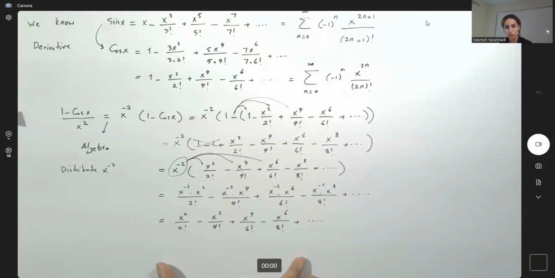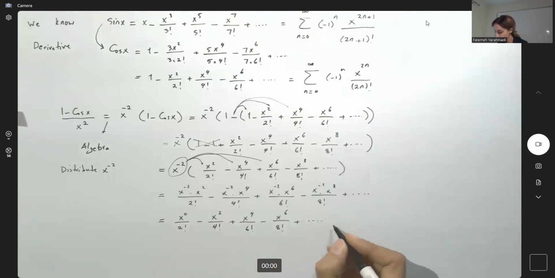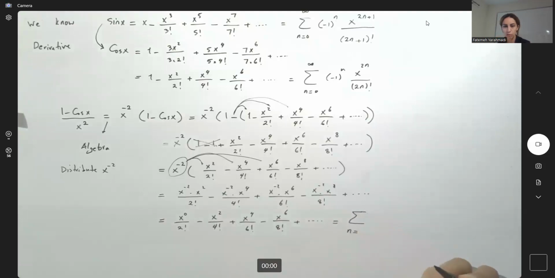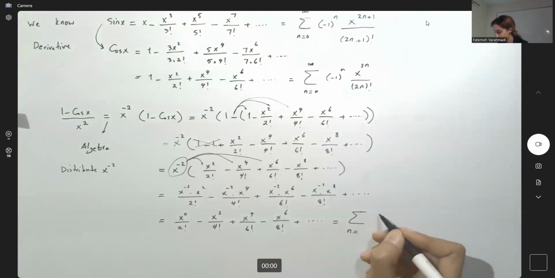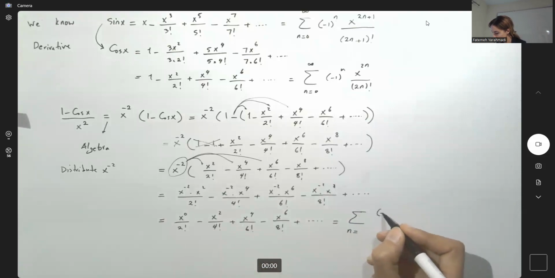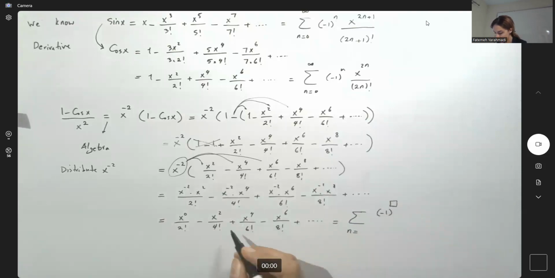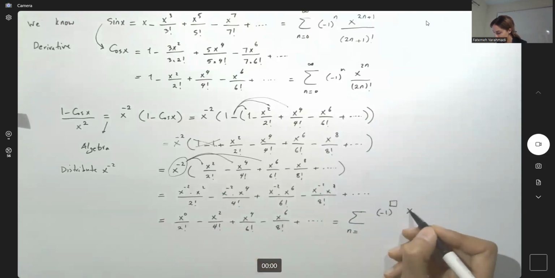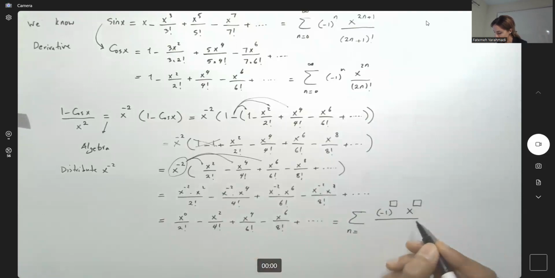So now we're going to take these terms and write them in the format of a power series. You can start from n equal to 1 or you can start from 0, whichever you feel comfortable working with. You have negative to some exponents, x to some powers, divided by something factorial.